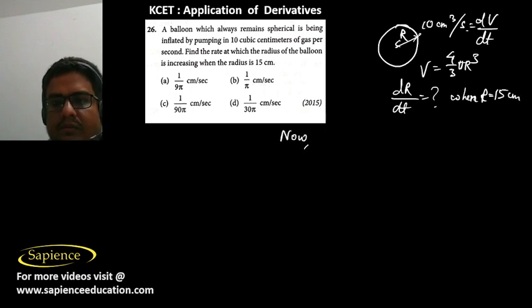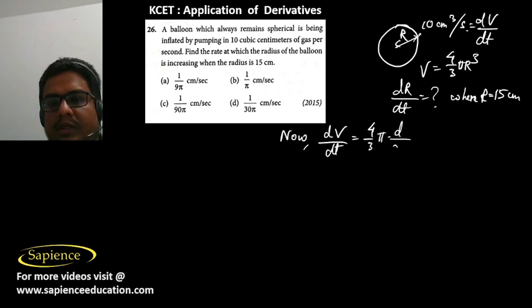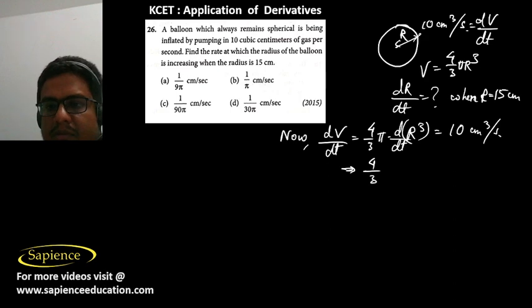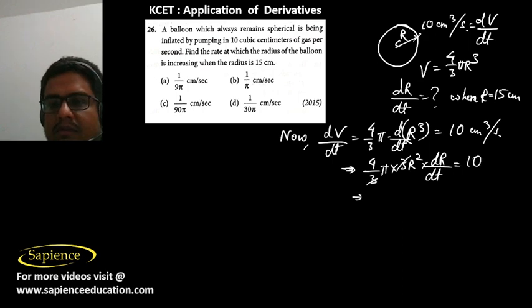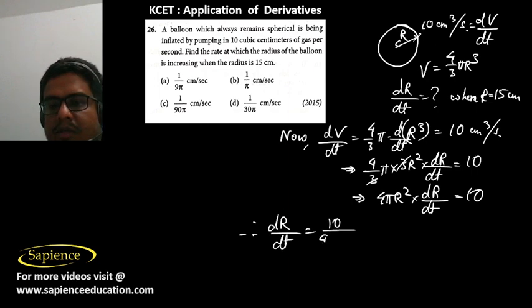So dV by dt will be equal to 4 by 3 pi into d by dt of r cube, and that is given as 10 centimeter cube per second. So it is 4 by 3 pi into 3r square into dr by dt, that is equal to 10. So 3 will cancel, and that is 4 pi r square into dr by dt equals 10. Therefore dr by dt is equal to 10 by 4 pi r square centimeter per second.